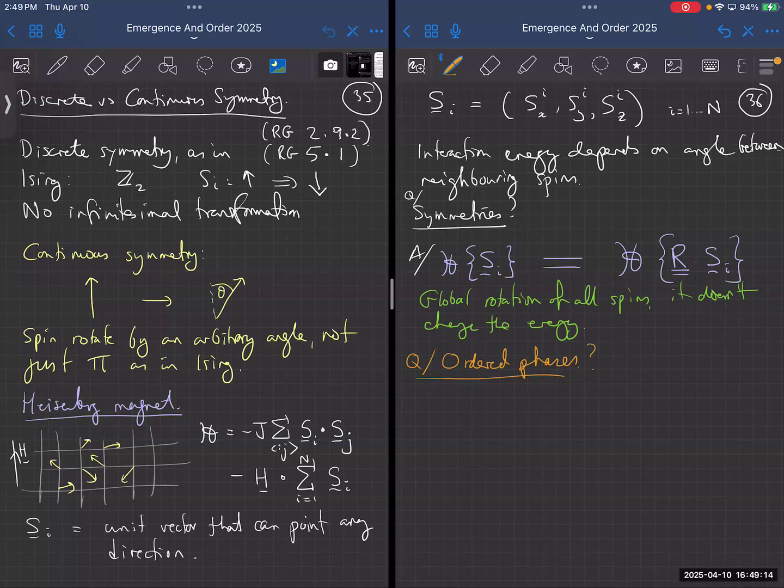So what do we expect? So let's suppose that we're at high temperatures. Just arguing intuitively from what we already saw with the Ising model, what we would expect is that the spins can all point in random directions.